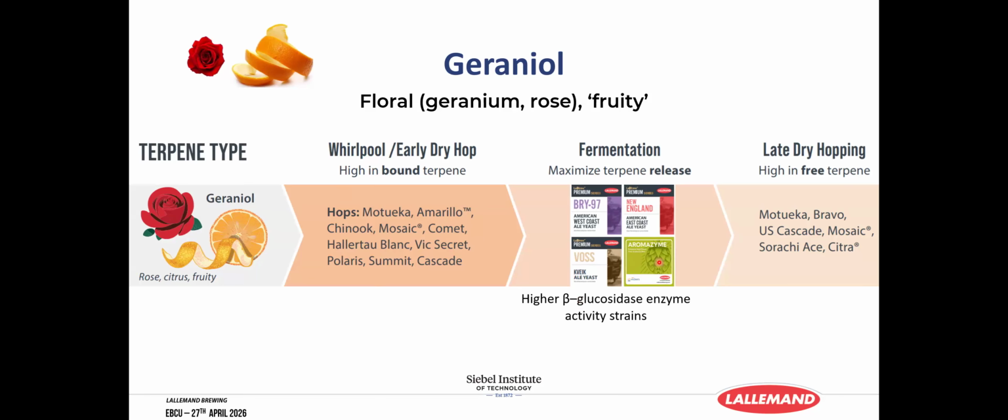In this case, it's an enzyme preparation that makes the enzyme readily available in your wort, so that you can have a boost in the free version of geraniol. Or you can choose varietals that are high in free terpenes and use them late in the dry hopping.